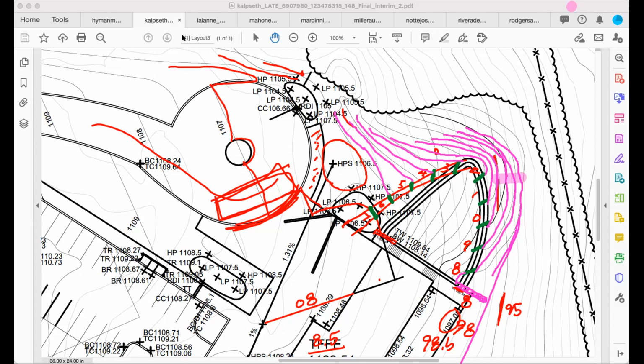So the conflict being that we can't have this area being too far away from the 95. Yeah, that's why we get into trouble.